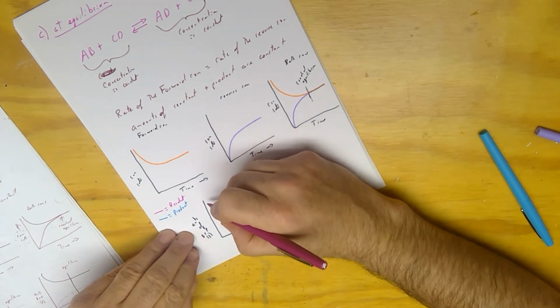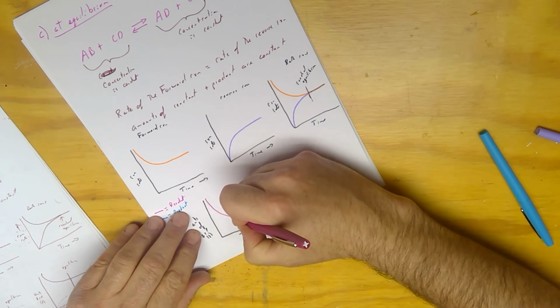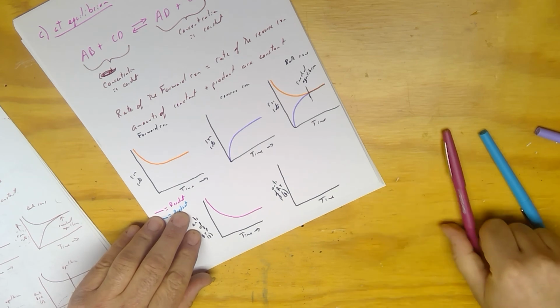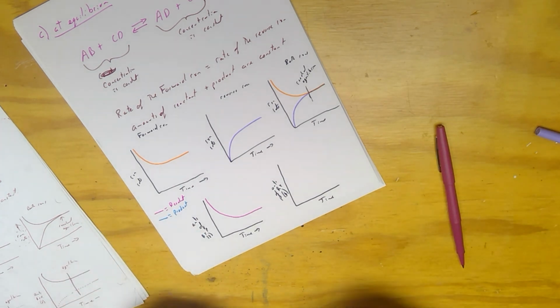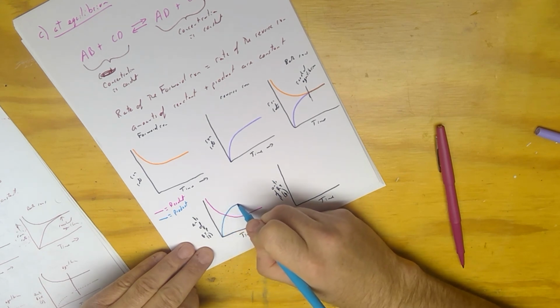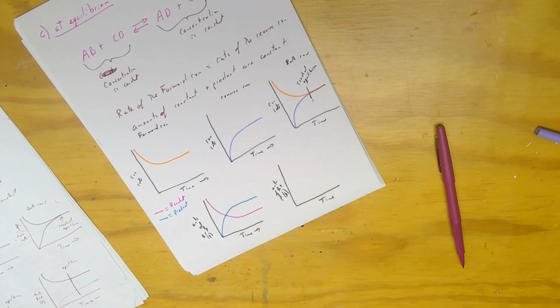Well, it starts high. And then eventually it levels off. What does the amount of product do? Well, it starts at 0. Then it levels off. Has this reached equilibrium? And where? It has reached equilibrium.